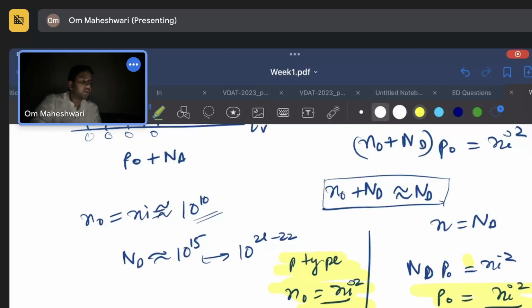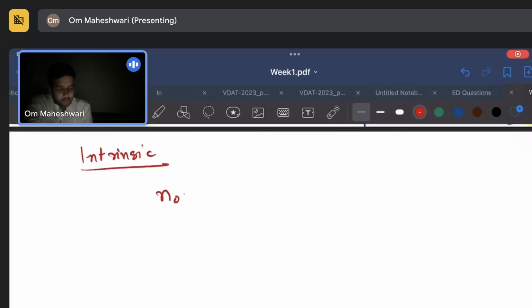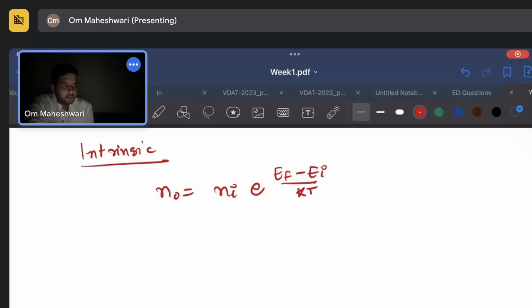One more thing that we need to see, before we go to some questions, is for intrinsic we had N0 equals Ni exponential of Ef minus Ei by Kt, right? Where did we see this?